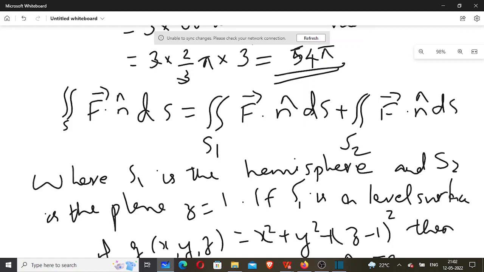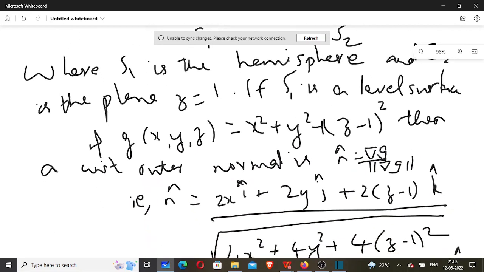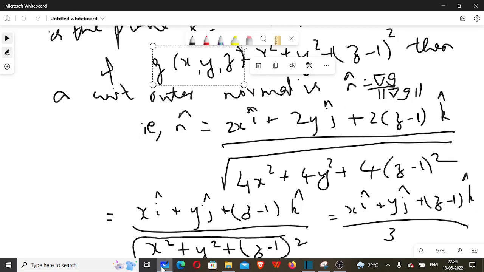So if S1 is the level surface of g(x,y,z) = x² + y² + (z-1)², then the unit outward normal is n = ∇g/‖∇g‖, that is n = (2xi + 2yj + 2(z-1)k) divided by the square root of (4x² + 4y² + 4(z-1)²).